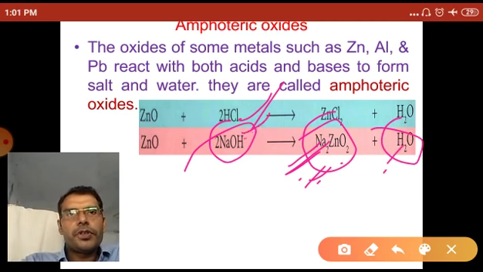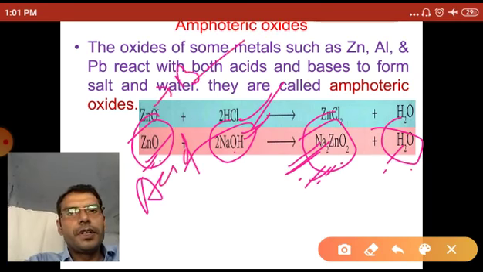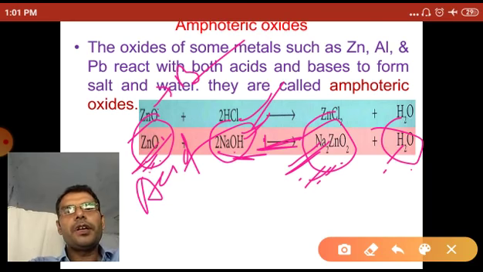In this reaction, NaOH is a base reacting with zinc oxide to form salt and water. That means zinc oxide is behaving as an acid. In the above reaction zinc oxide behaves as a base, but in the lower reaction the same zinc oxide behaves as an acid.